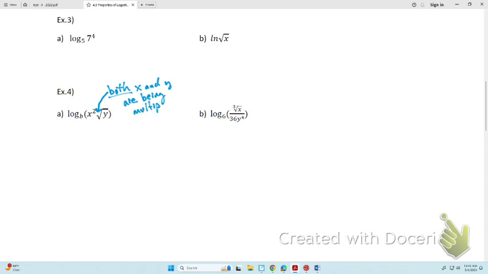If you're confused, I mean, are they both being squared? No, just the x. Are they both being square rooted? Just the y. So I can't do anything with the square or the square root, but I can do the product rule and write it like this.